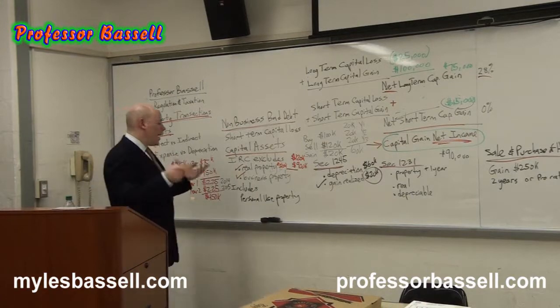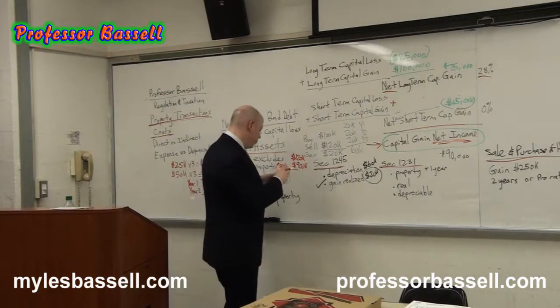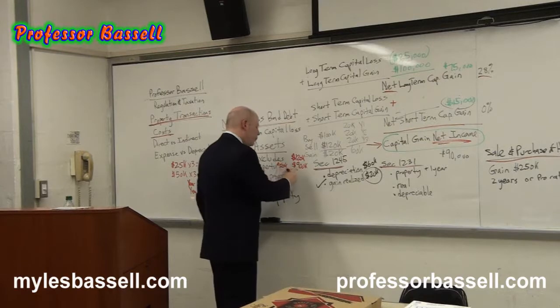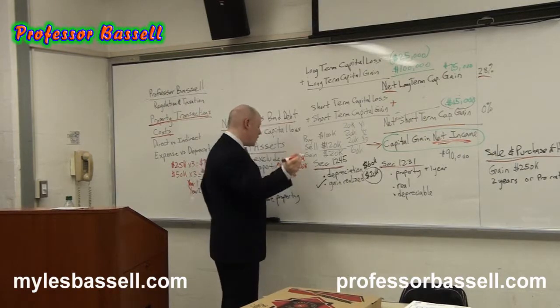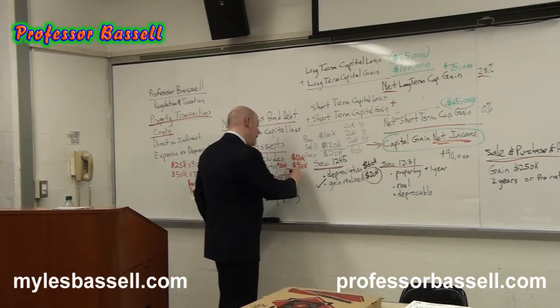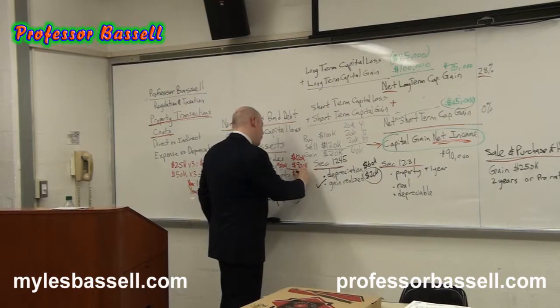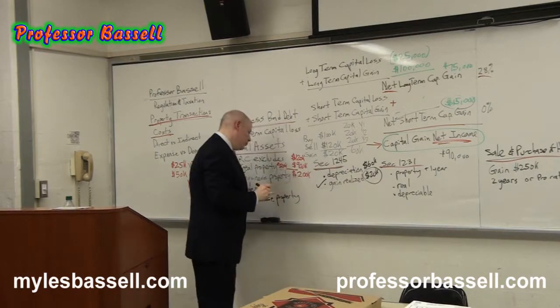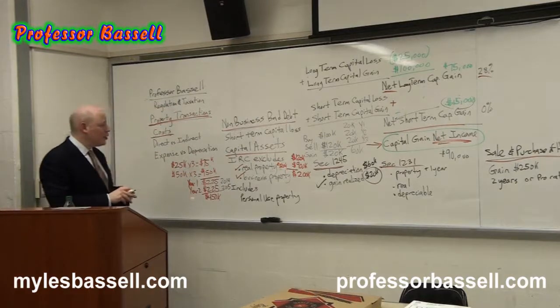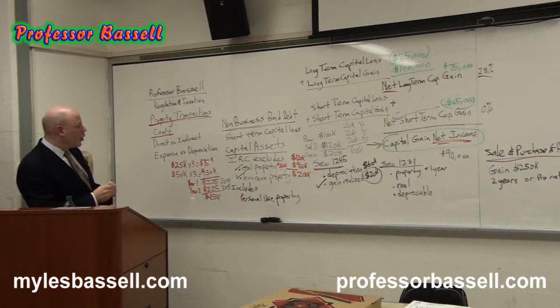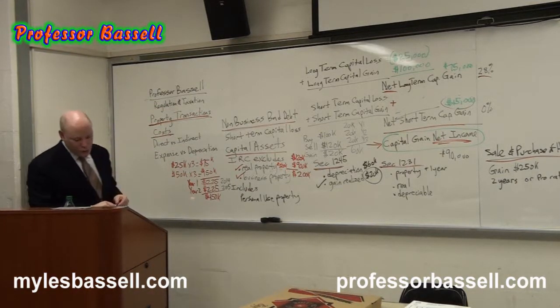And we also had some delivery trucks that we also had a loss on. Let's say that was $200,000. So what do we have here? So who could tell us what our losses are? For which items?